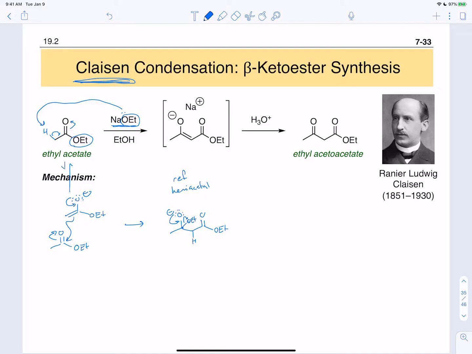So here you see we're going to regenerate our ethoxide base. We'll make this intermediate alpha-beta unsaturated carbonyl compound that very quickly and completely will be converted to the more stabilized enolate.